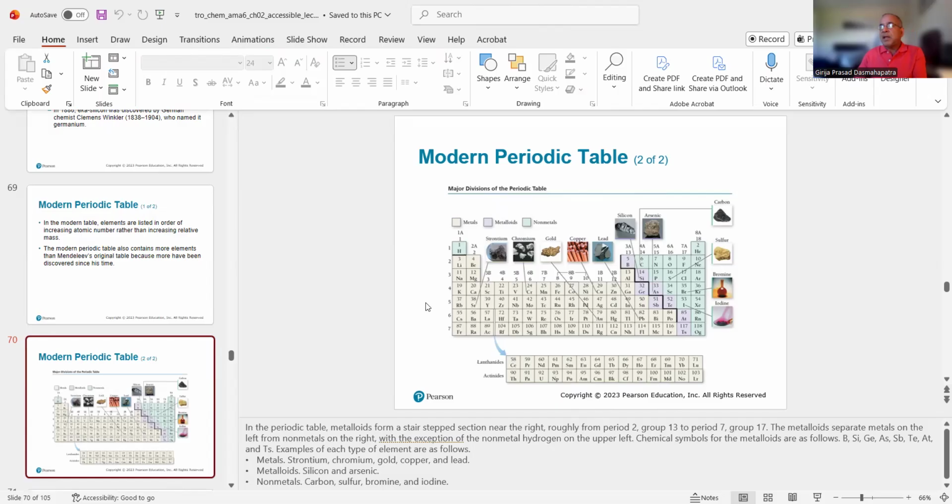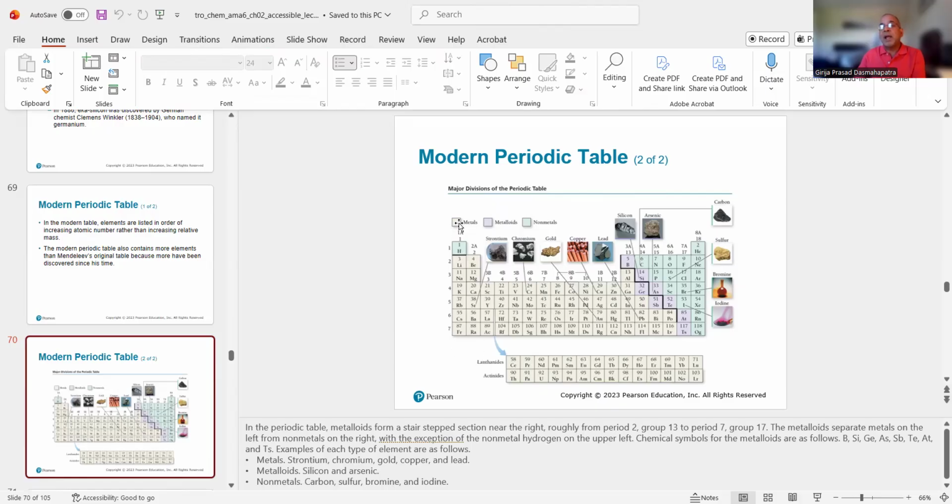But in addition to having these elements arranged in groups and periods, it has really wide-ranging applications. For example, it can help you classify elements in different ways. The elements can be classified into metals and non-metals.